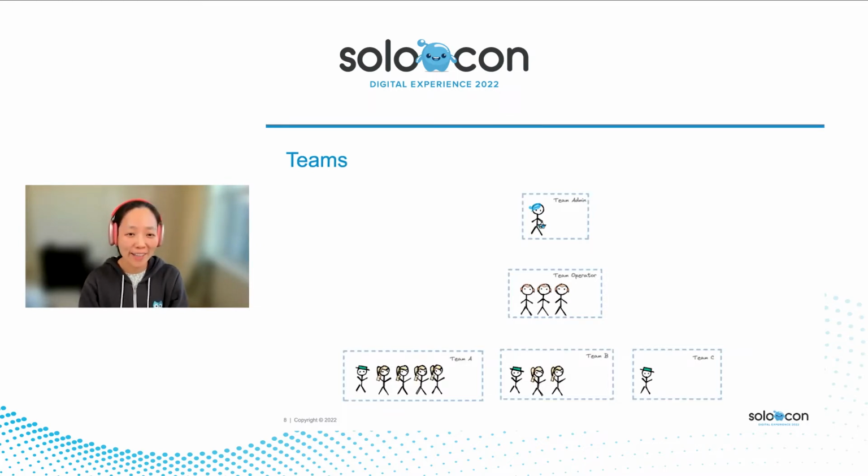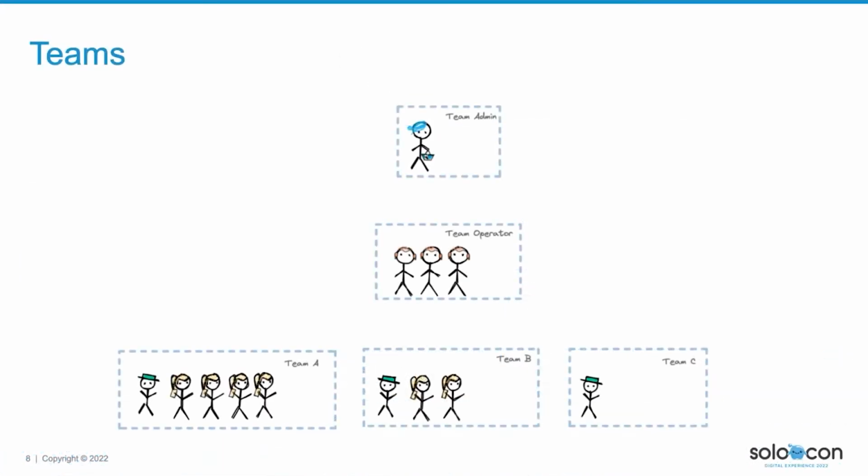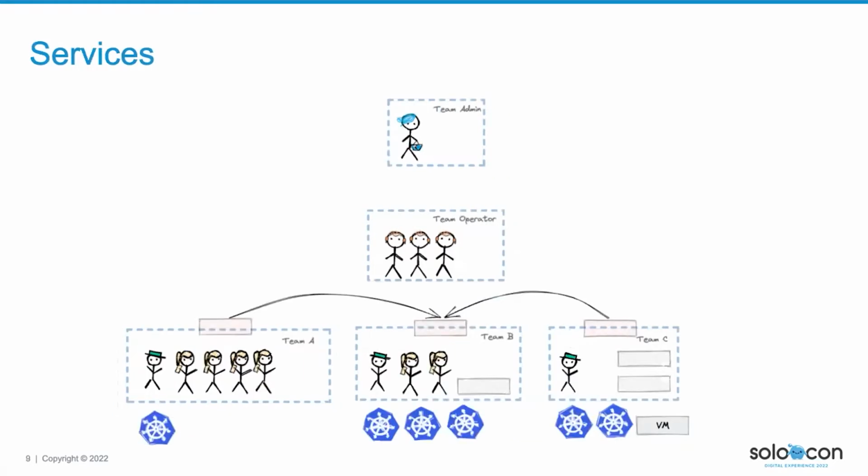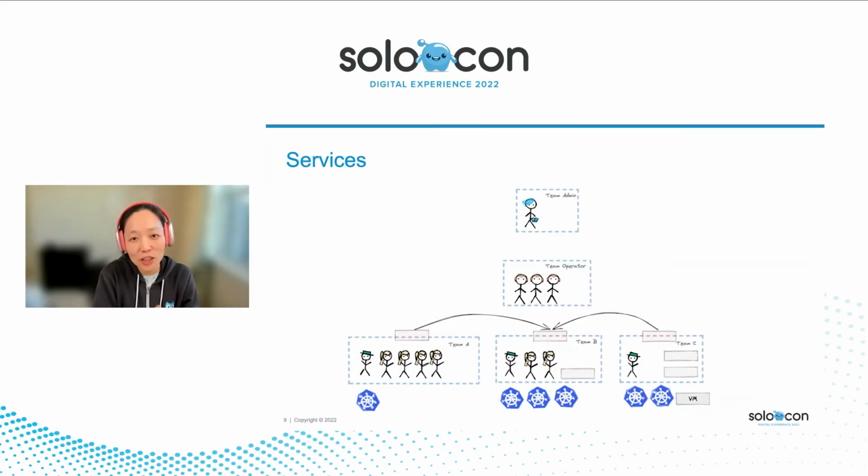In your organization, typically there is an administrator role, and there's an operator team that operates services for many teams. And if you put that into the context of services and the Kubernetes and virtual machine infrastructure layer, most likely your team is going to run their services in this Kubernetes or VM environment.